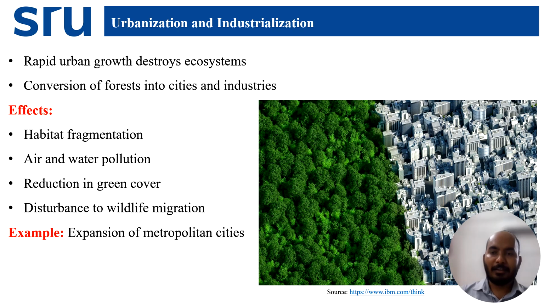So next one is related to urbanization and industrialization. Rapid urban growth converts forest into cities and industries, right? This affects habitat fragmentation, causes air and water pollution, reduces green cover in terms of plants, and disturbs wildlife migration.